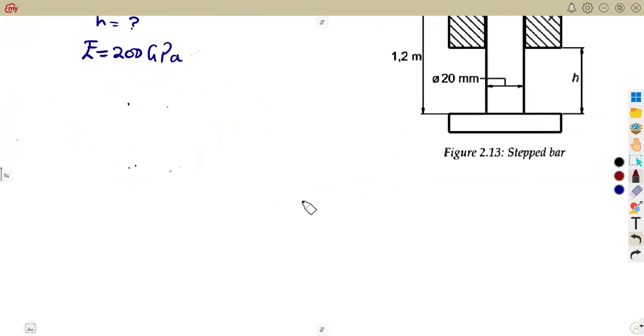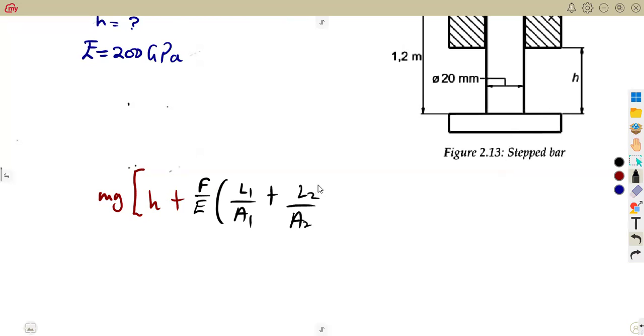So we saw that from the loss in potential energy being equal to the gain, we ended up with the formula. I'm just going to write our formula, guys. So this was H plus, we're going to substitute, remember, our extension. We ended up with F over E into L1 over A1, plus L2 over A2, like this.